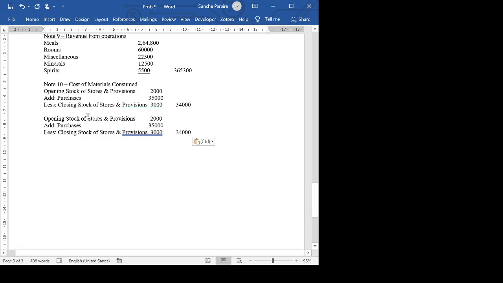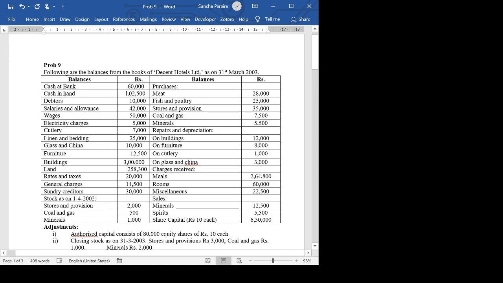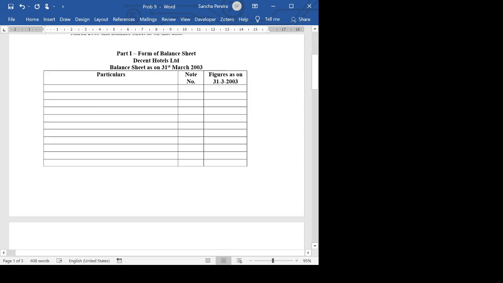Opening stock of coal and gas is 500. Purchases are 7,500.